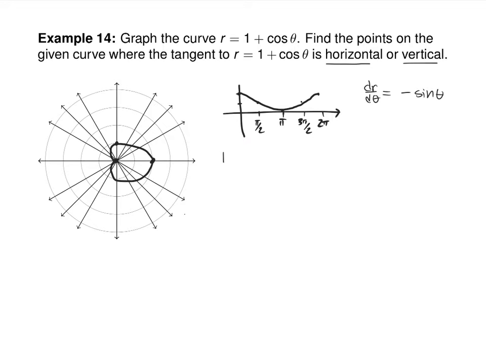So you need to find dy dx, which is dr d theta sine theta plus r cosine theta over dr d theta cosine theta minus r sine theta. And these can get a little tricky.